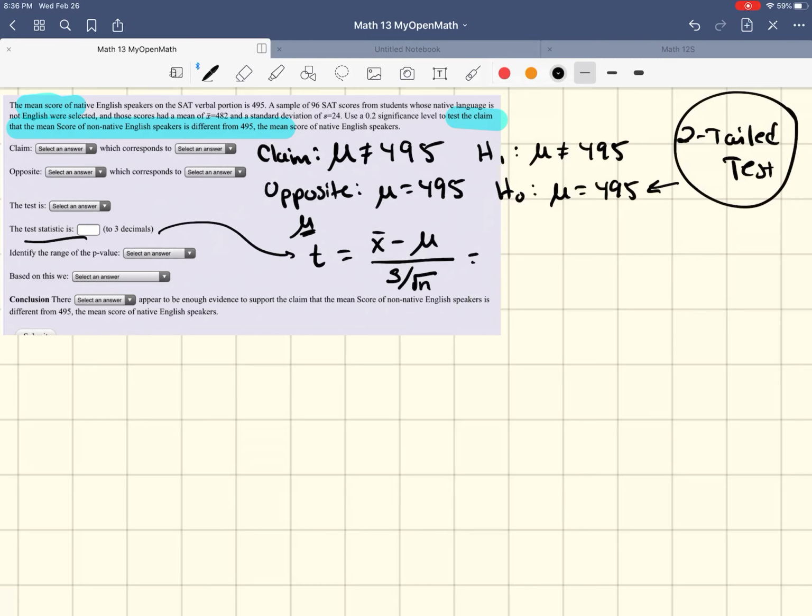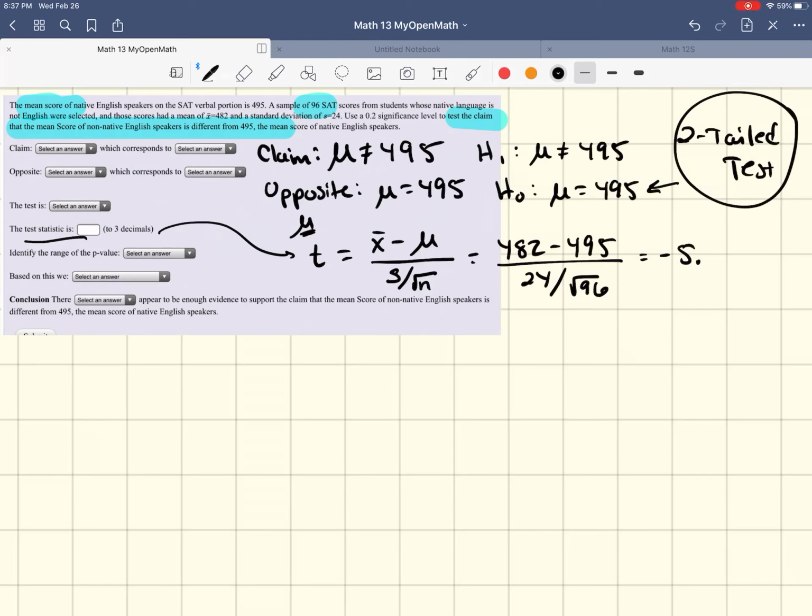Okay, so when we plug this in, we've got x bar, our sample mean, was 482 minus the 495 for the population we're comparing to, over the standard deviation was 24, divided by the square root of, let's see, there were 96, it says 96 SAT scores.